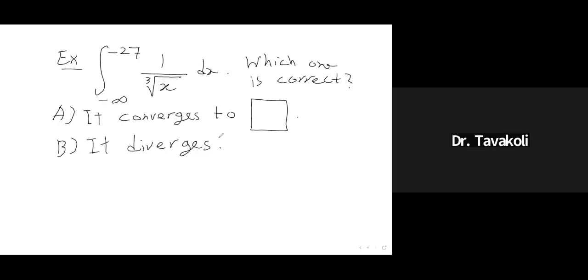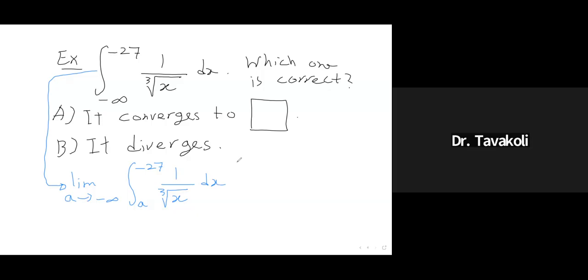So we use the definition of this improper integral, the limit as a tends to minus infinity of the integral from a to minus 27 of 1 over cube root of x dx.